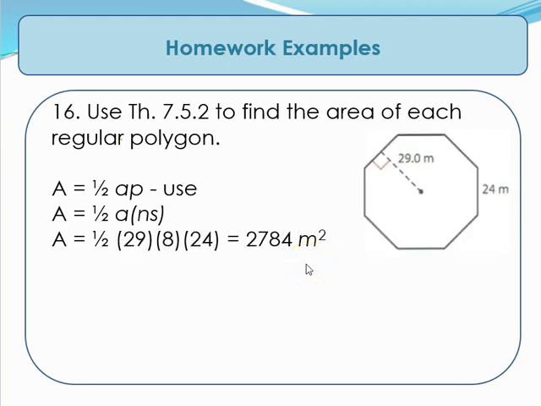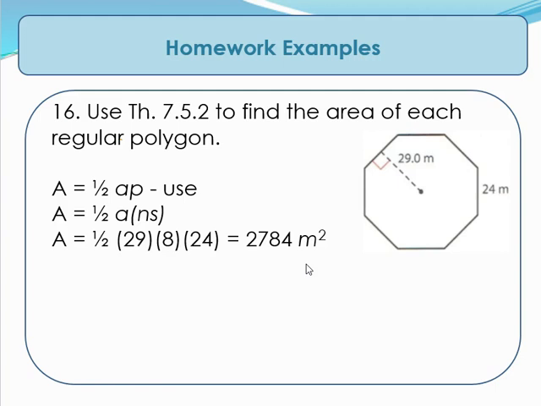Number 16, we're going to do the same thing. So you have a side length and you have your apothem given. When you have the apothem, it makes these problems much shorter. It's when you have to solve for it that you have to add the extra steps. So 1/2 AP will be 1/2 A times N times S, which is the same as saying perimeter.